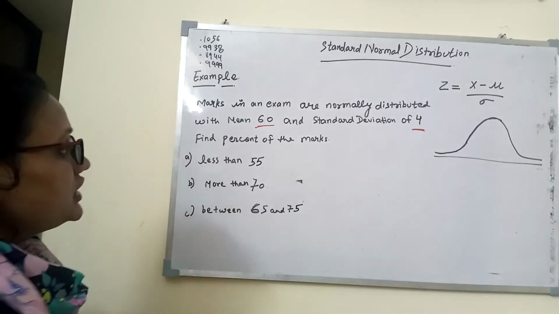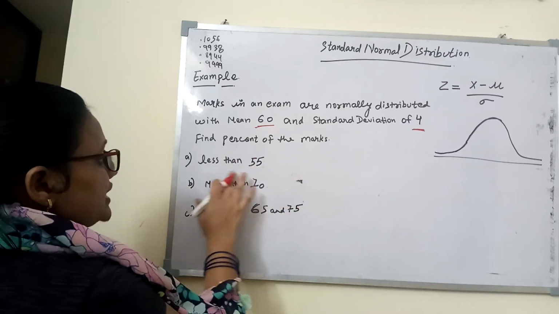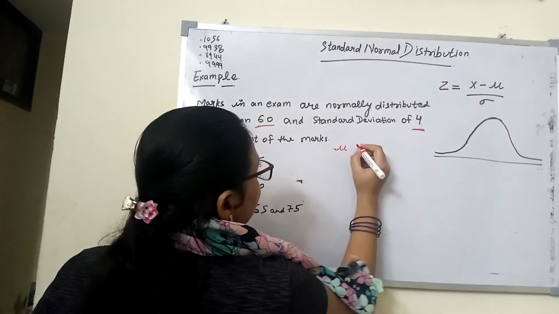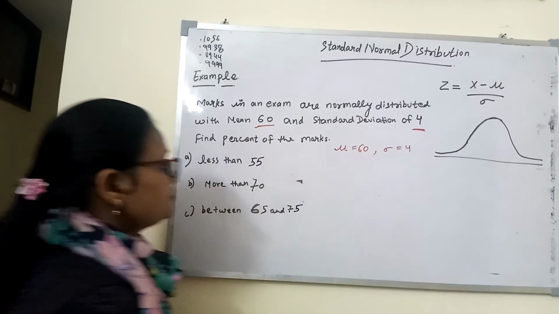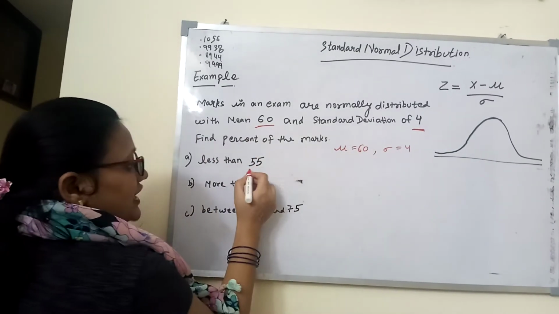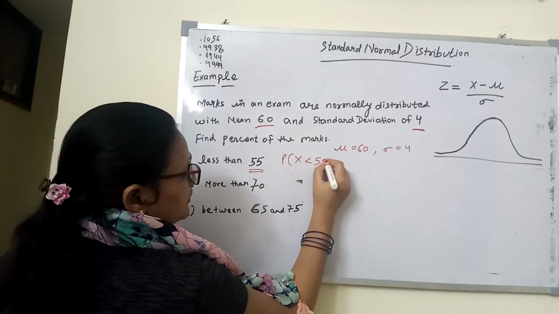In this example, our mu is 60 and our standard deviation is 4. Now we will see how to calculate the percent of marks, the probability, less than 55 marks. So here mu is equal to 60 and standard deviation is 4, and x is less than 55.